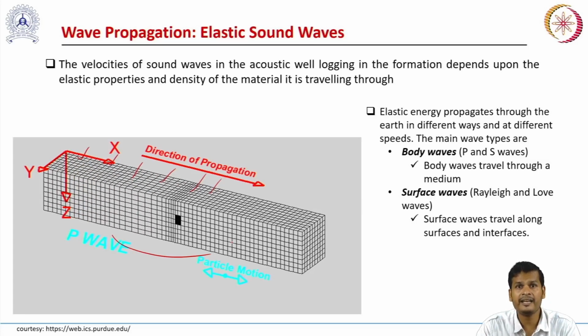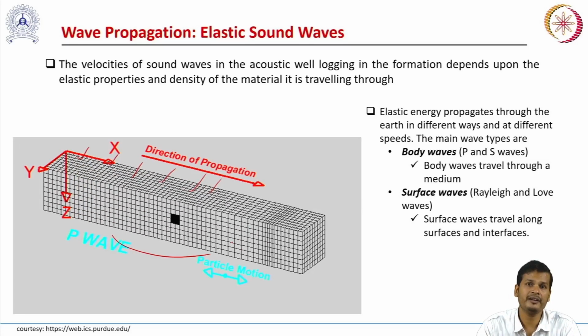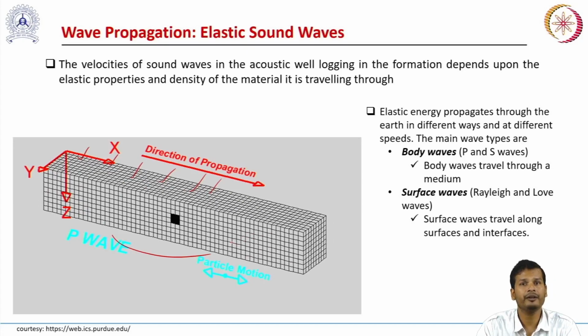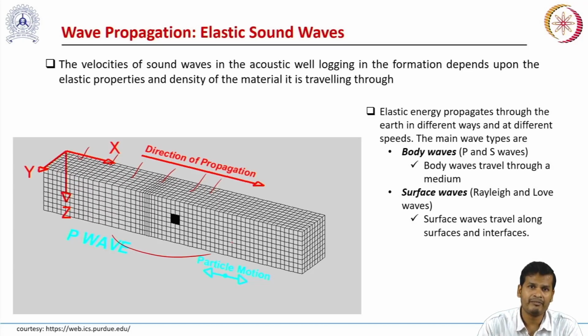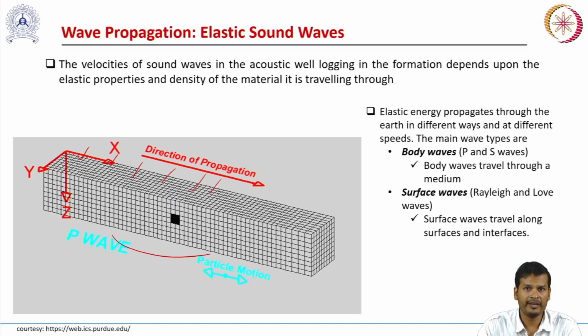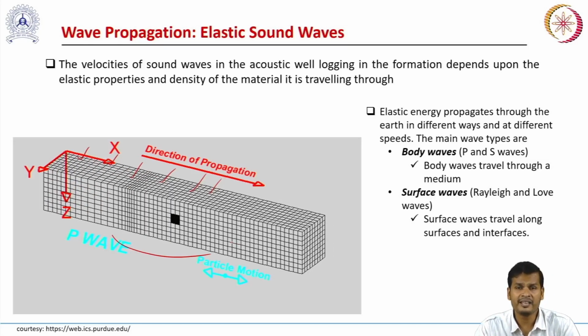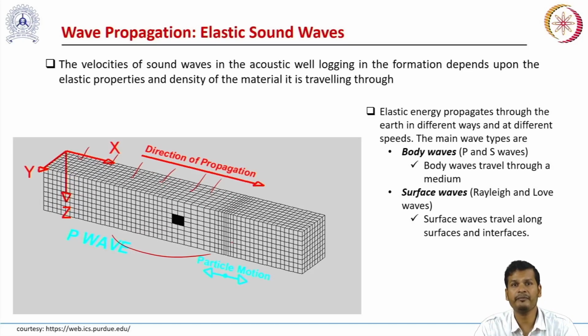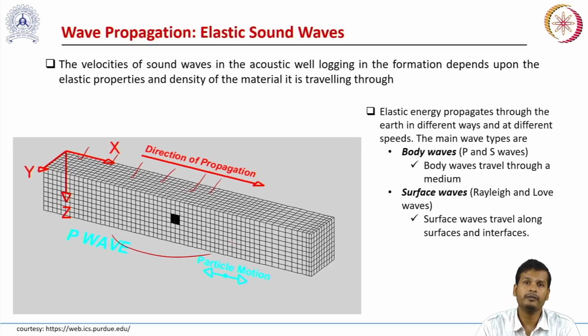Generally, if the density of the medium is high, the velocity of the sound wave will be low, because it will take a large amount of energy for the sound wave to move these heavier particles inside the medium. So this way, elastic properties and density of the medium can control the propagation of sound.